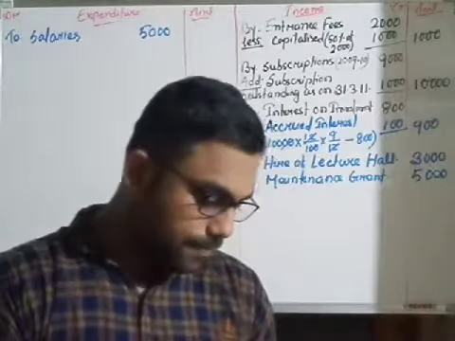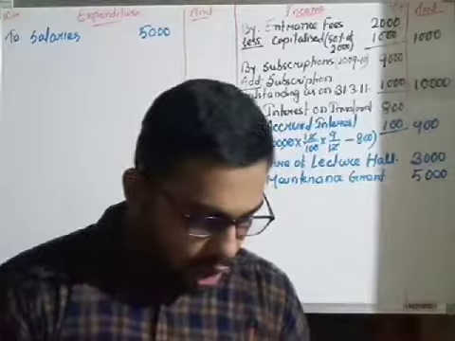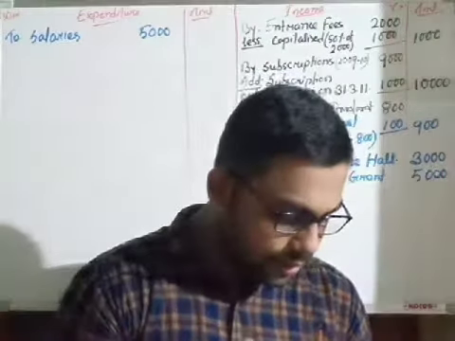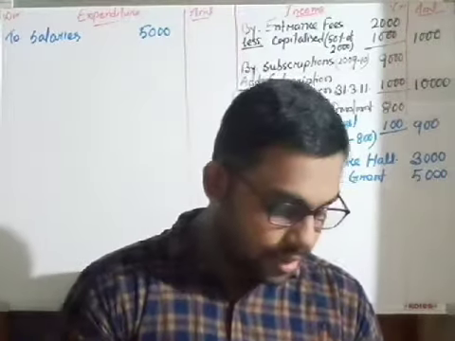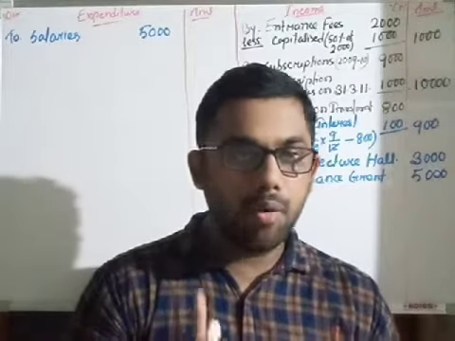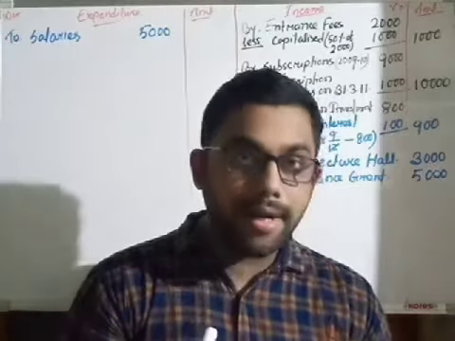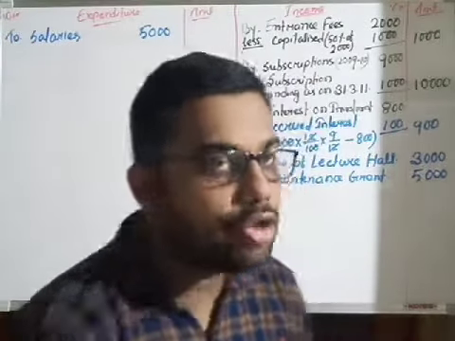The first adjustment, in additional information, is that on 31st March 2011, at the end of the year, rent and salary are outstanding, two items, with amounts of 800 and 1200. So 1200 is the outstanding salary.